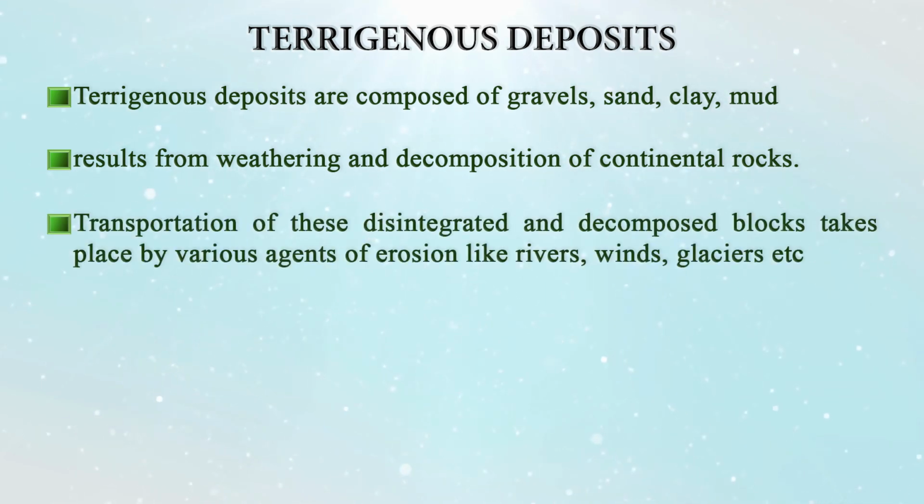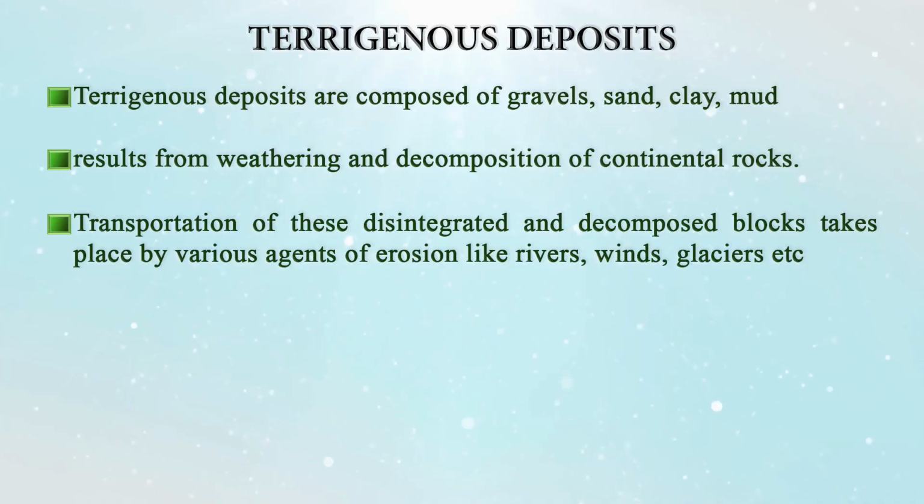The transportation of these disintegrated and decomposed blocks takes place by various agents of erosion like rivers, winds, glaciers, etc. You have already studied the normal cycle of erosion and various agents of erosion like rivers, winds, glaciers in block 2 on lithosphere of this course on physical geography. So you are now acquainted with these.